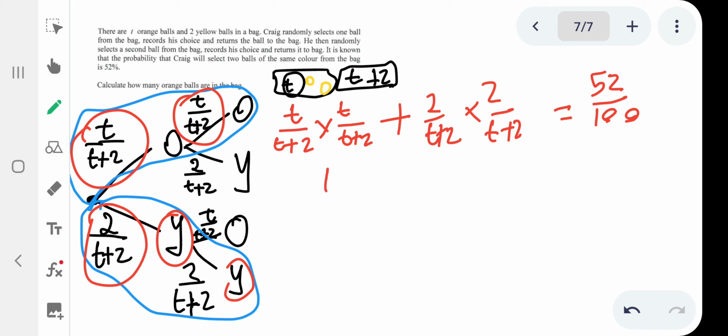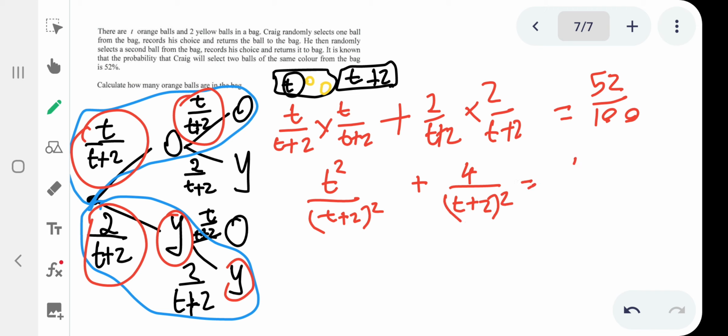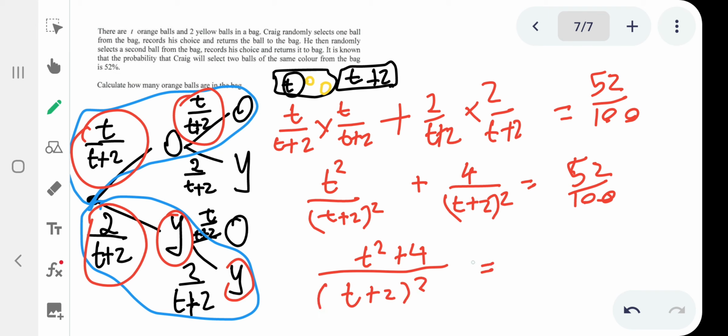So after simplification, we have t squared over t plus 2 squared, plus 4 over t plus 2 squared. This is equal to 52 over 100, right? And this is t squared plus 4 divided by t plus 2 squared equals 52 over 100.